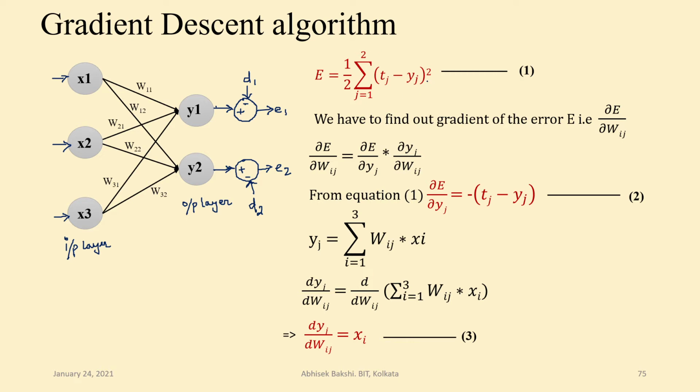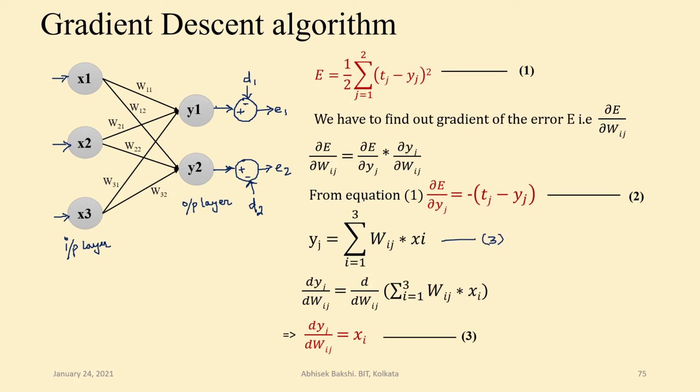So what I can do is apply a very interesting property of differentiation, that is the chain rule. This error is directly a function of yj, and this output y can be written in this way. This is equation 3.